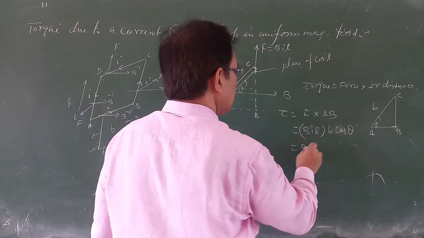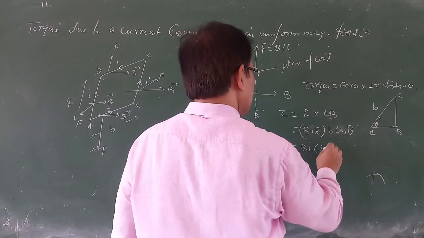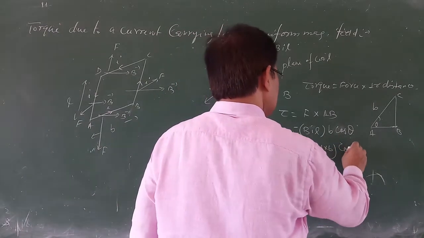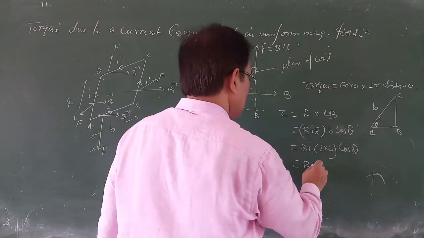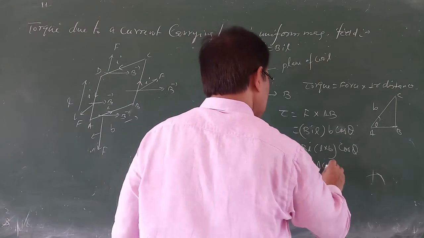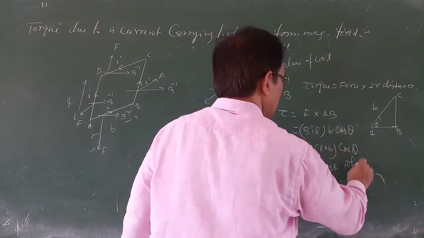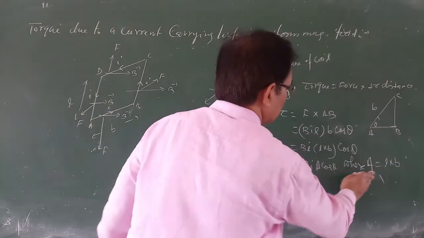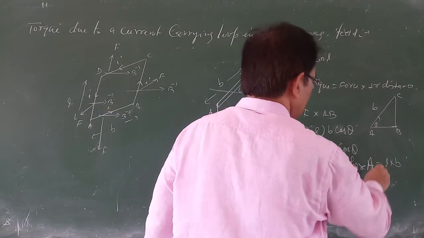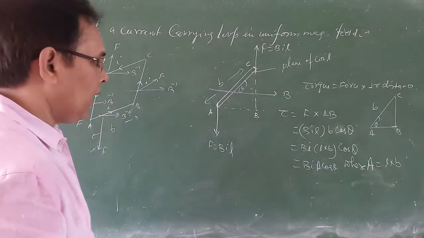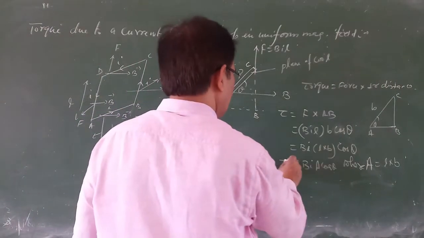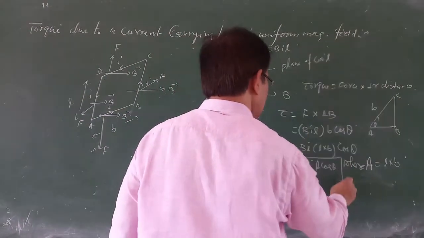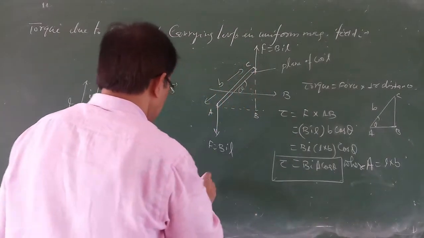So that will be BI and this is N into B cos theta. So this is BIA cos theta, where A is the area of the coil, length into breadth. So torque developed tau equals BIA cos theta.